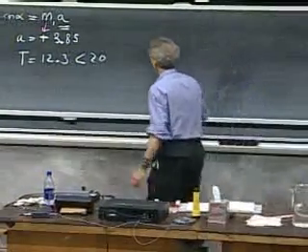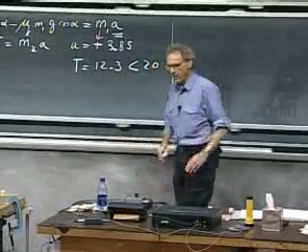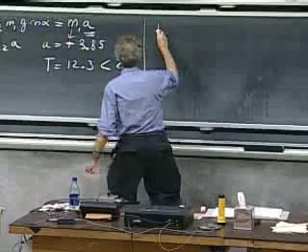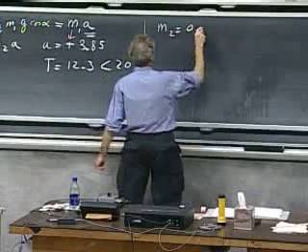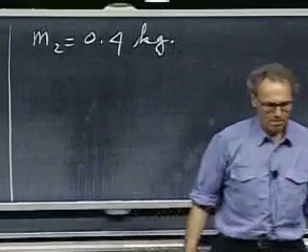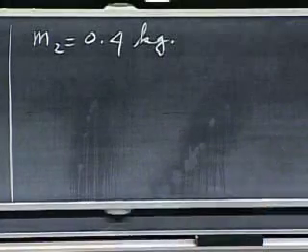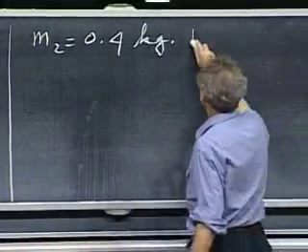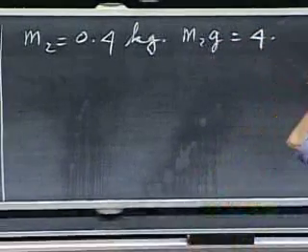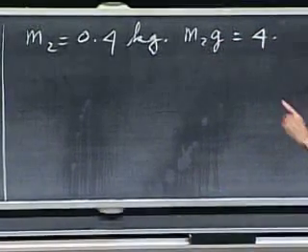Now, we take the same situation. I leave everything unchanged, but I make the second mass, m2, 0.4 kilograms. So now all the numbers remain the same that we have there, except that m2 g now becomes 4. Now I'm going to test again.